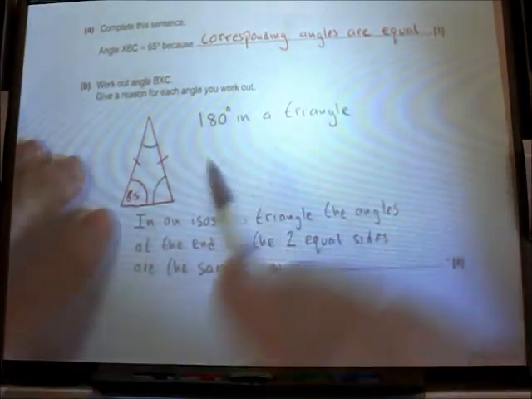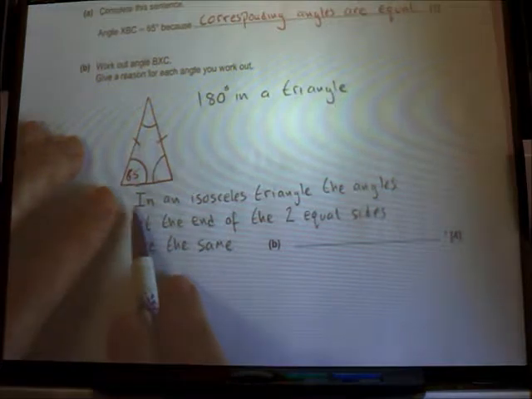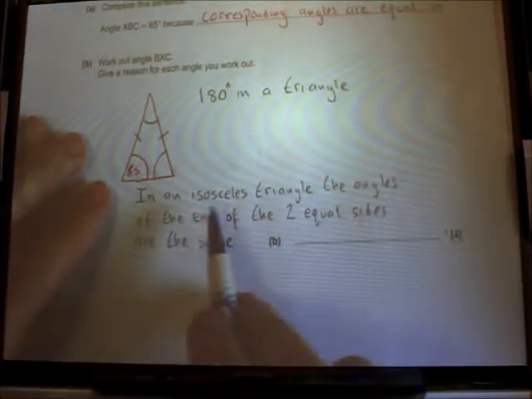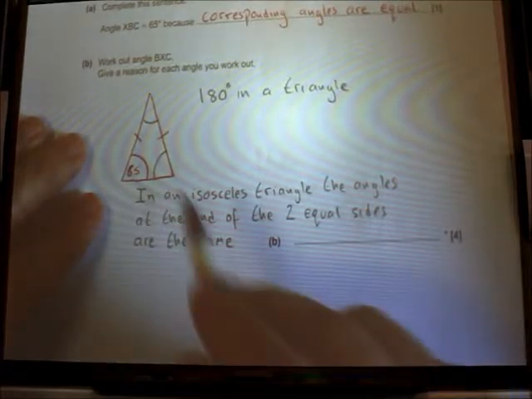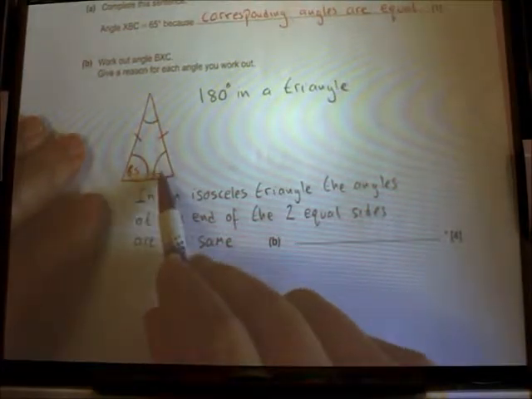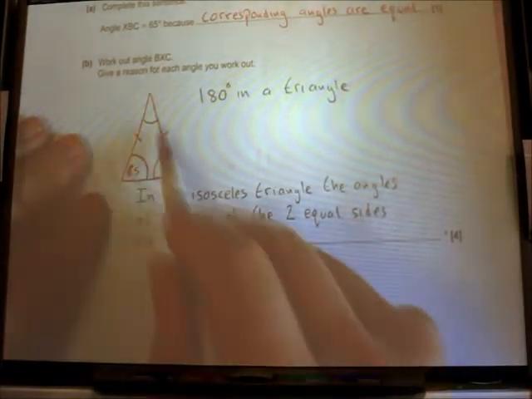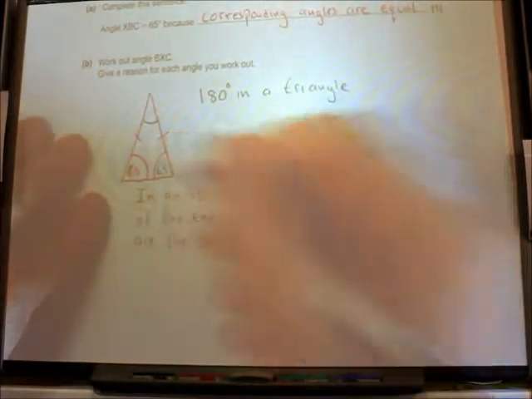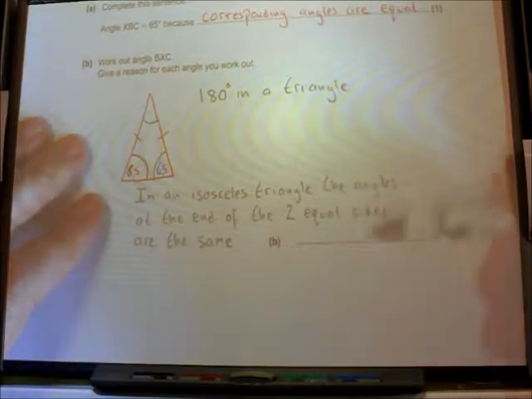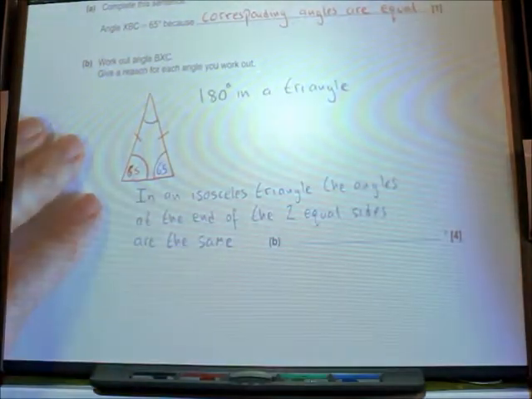So the first thing I've done is this. In an isosceles triangle, the angles at the end of the 2 equal sides are the same. That angle there and that angle there are at the end of the 2 equal sides, so they're both the same. So that is 65 and that is 65. You must write this sentence down, by the way, because it says give a reason for each angle you work out.